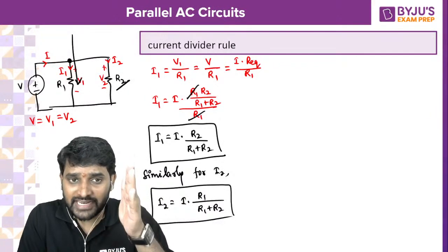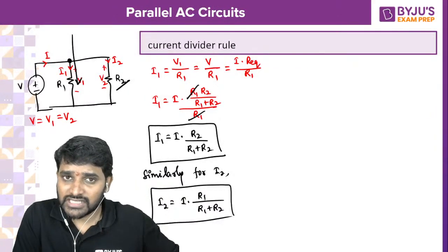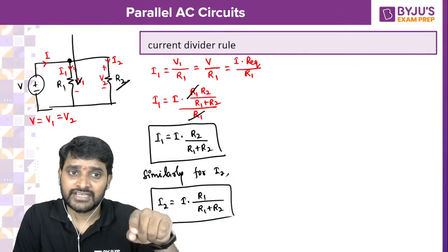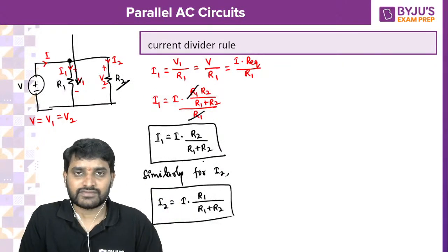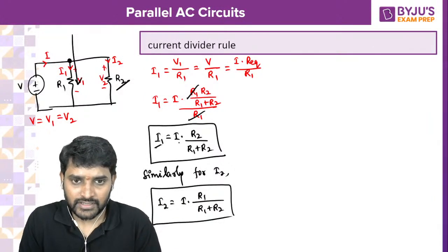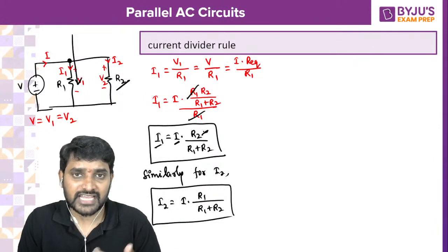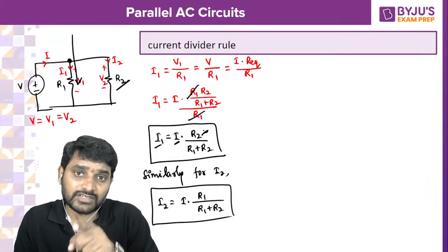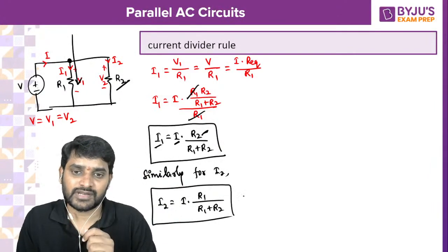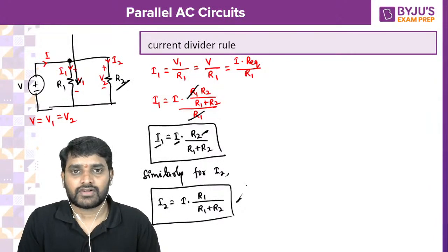If you wanted to calculate the current flowing through R2, it is the total entering current at the junction into the opposite resistance divided by the total resistance. So that is what we have taken. To find the current through R1, it is the entering current into the other resistance divided by the total resistance. Similarly here also. Okay, got this point.